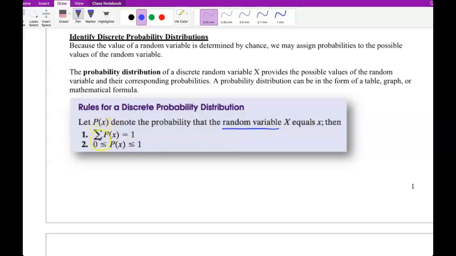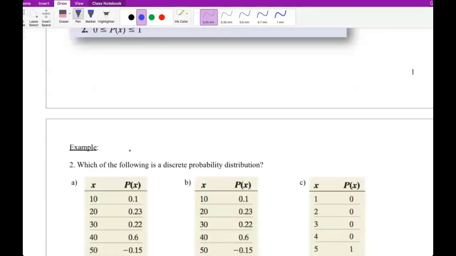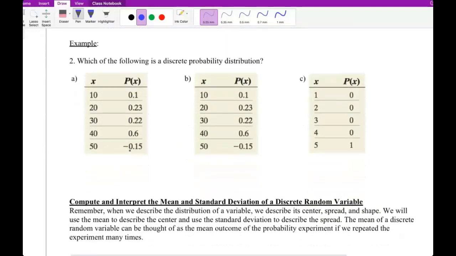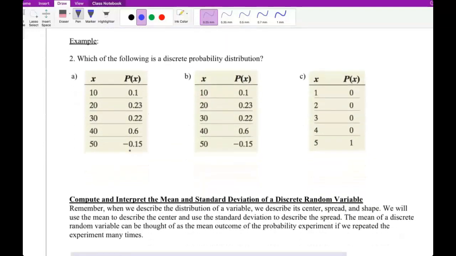Then we should have these two rules. Number 1, the sum of all these probabilities should be equal to 1, and also each one of these should be between 0 and 1. If you have these two, that means that you have a probability distribution. So you pass that rule, and now on this part, in the example, we want to apply that rule.